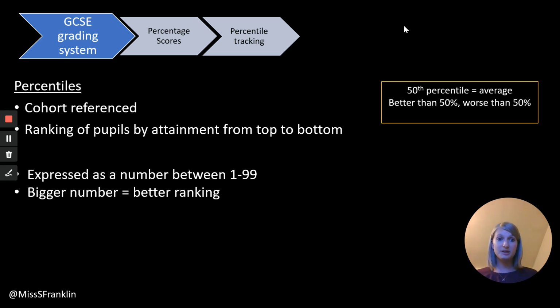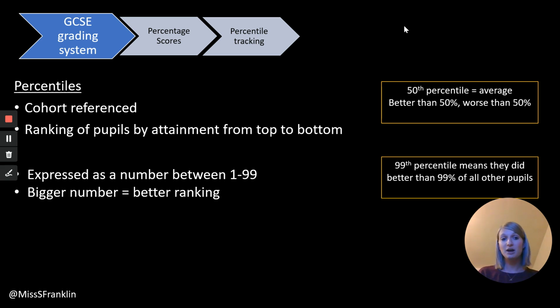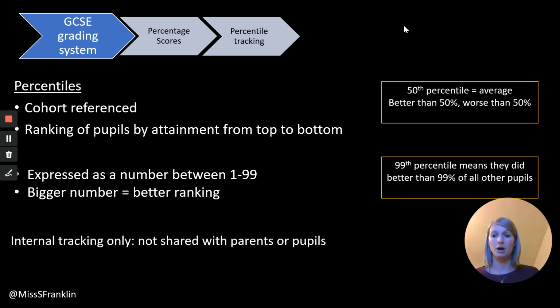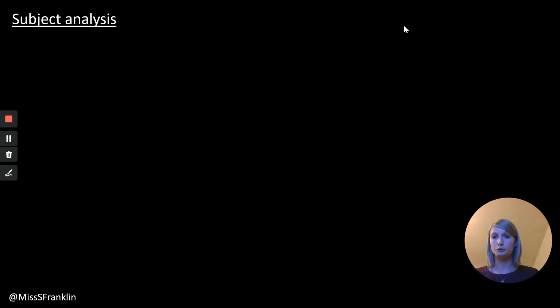So the 50th percentile means that they were better than 50% of the cohort, but worse than 50% of the cohort, whilst a 99th percentile means they did better than 99% of all the other pupils. And we use this to give us some reference points about how well the pupils are doing. Now, it is important to say that this is internal only. It's not shared in any way with parents or pupils.